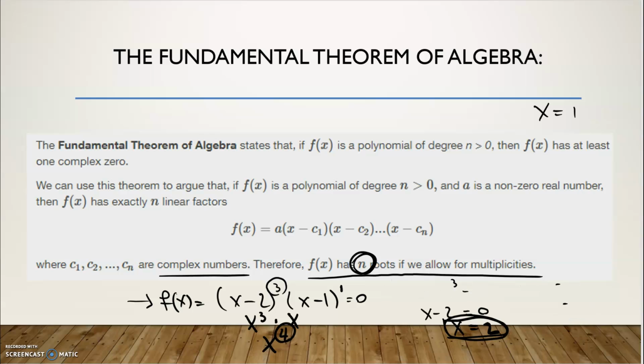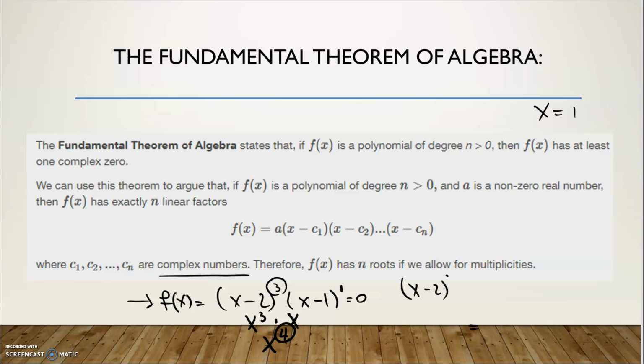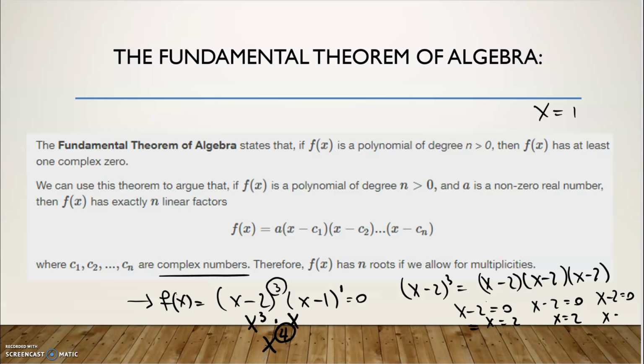Leave that there. What I could have done is this: x minus 2 raised to 3 is the same thing as x minus 2 times x minus 2 times x minus 2, and set each one of those equal to 0, which obviously each one of those would be equal to 2. But then I have 1, 2, 3, 4 roots, and that's where the n roots, if we allow for multiplicity, comes into play.